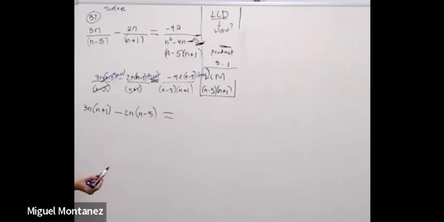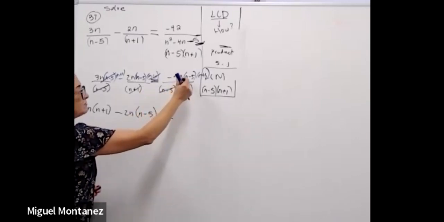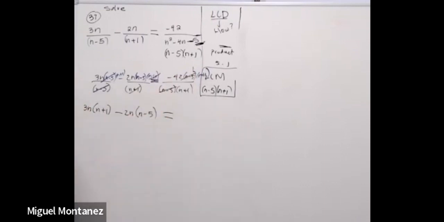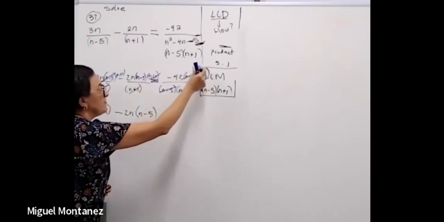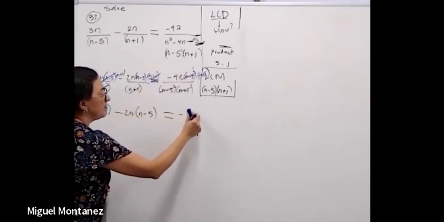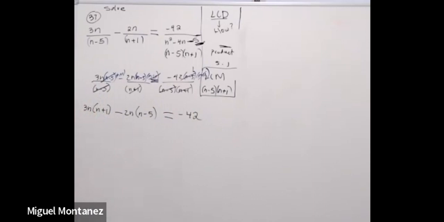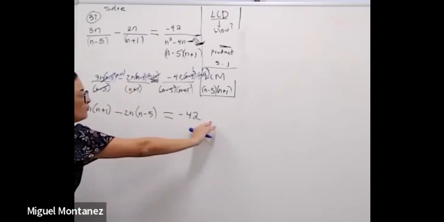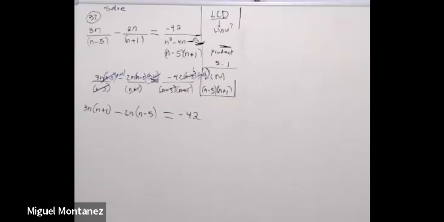On the right-hand side, the n minus 5 simplifies with the n minus 5, the n plus 1 simplifies with the n plus 1, and that leaves us with the negative 42. Now we have an equation without the denominator. Like the professor was saying, if we apply the correct LCD, it will divide the other items and give us something without the denominator that we can handle. We distribute and so forth, right?